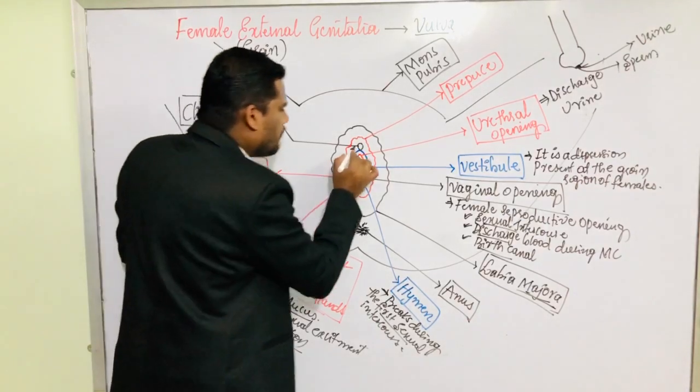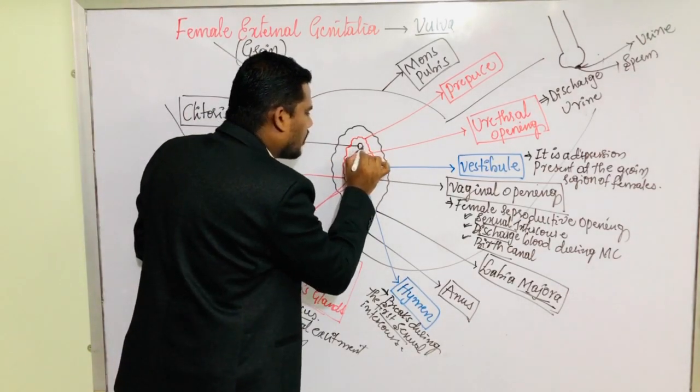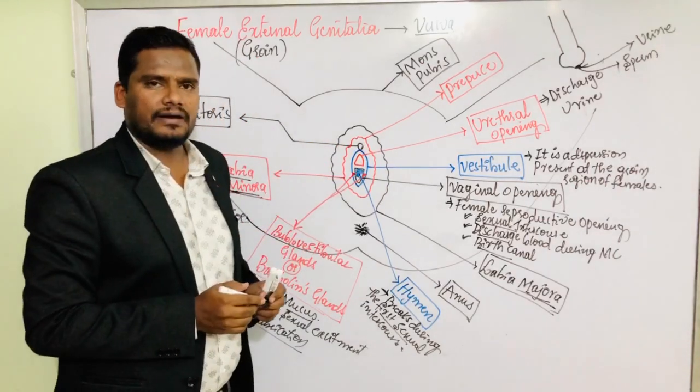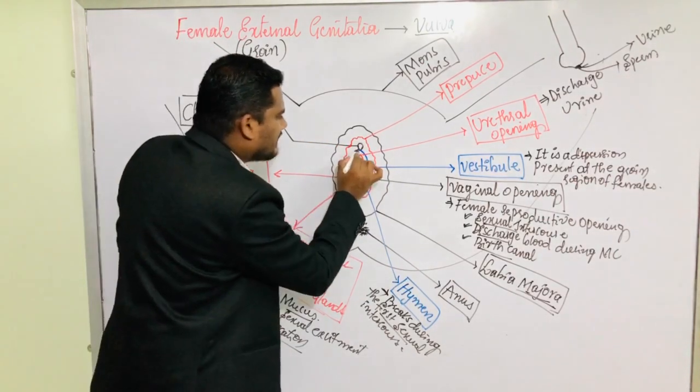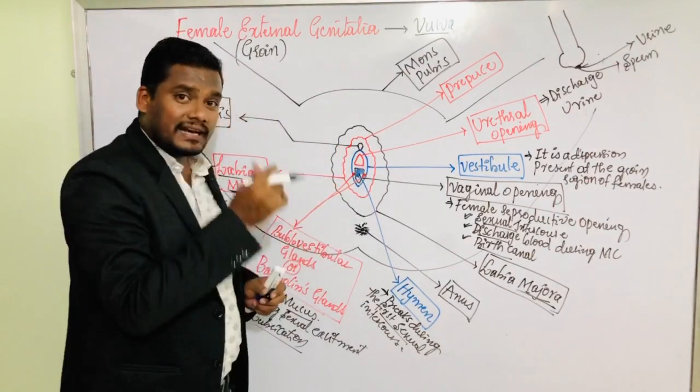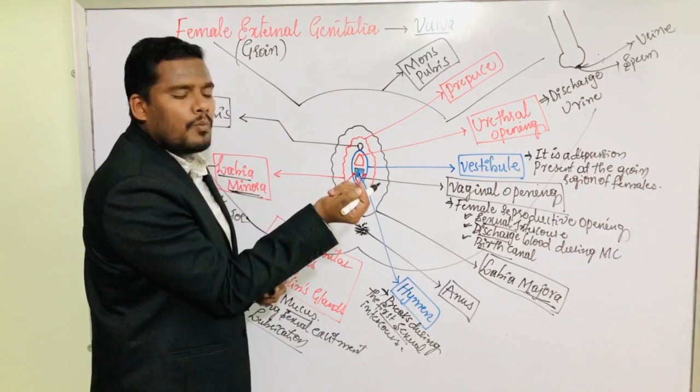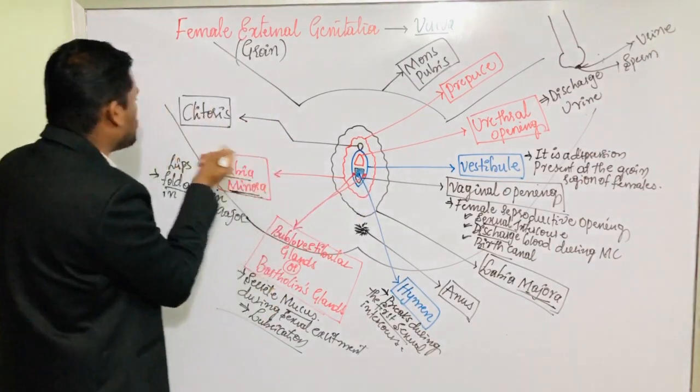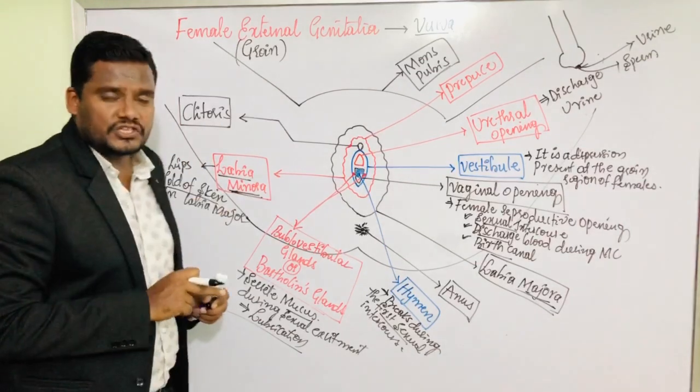Now here we have got a structure very important for competitive exams, my dear friends. This erectile tissue, it is a small finger-like erectile tissue. It is called the clitoris.